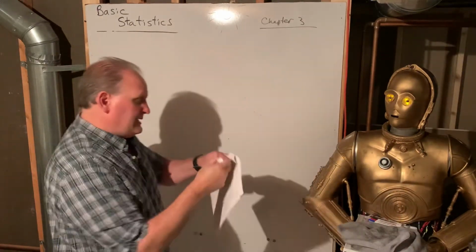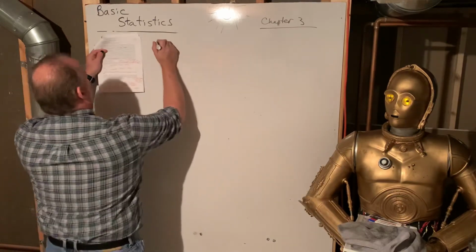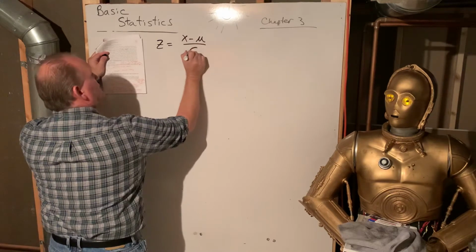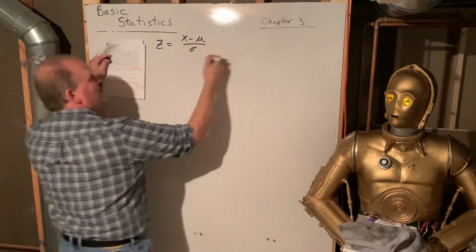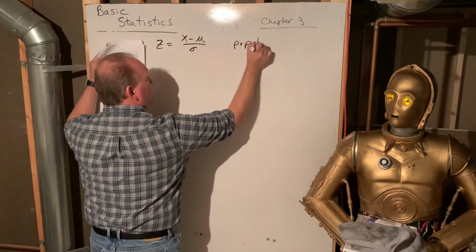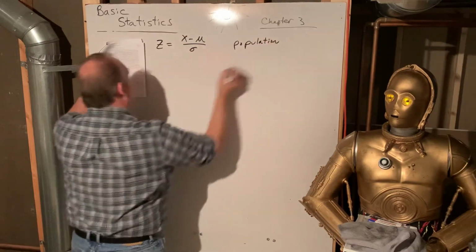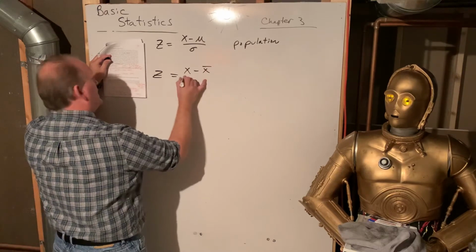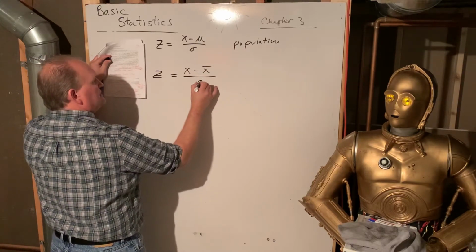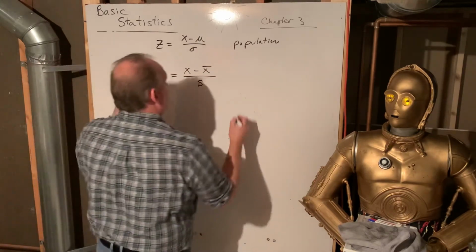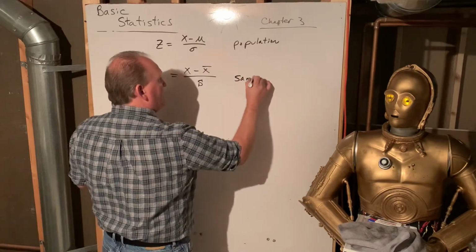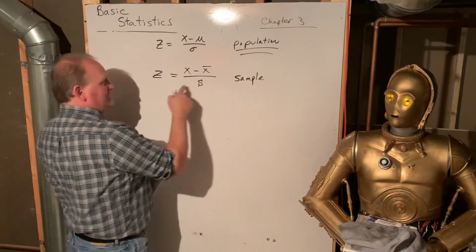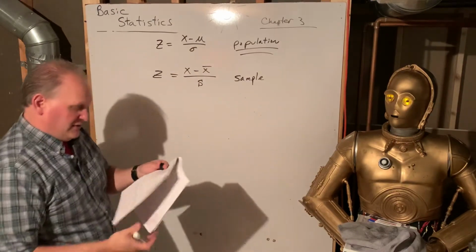So when we look at Z on page 10, right in the middle there, Z is equal to X minus mu over sigma. That is a population. If we look at a Z for a sample, it's X minus X bar over S. And so remember, populations use Greek letters and samples use just English letters.